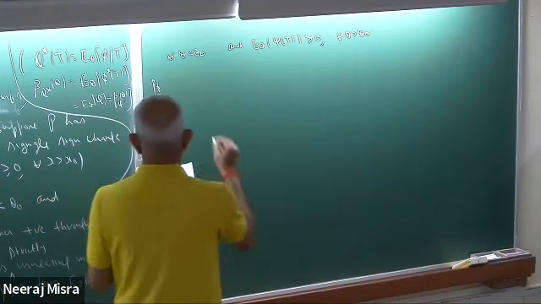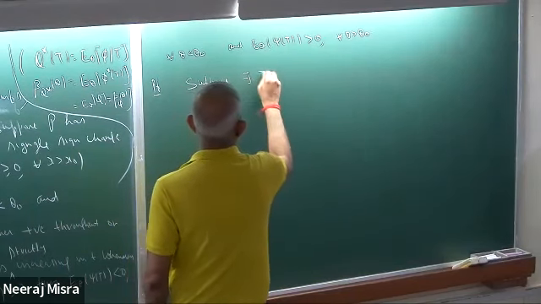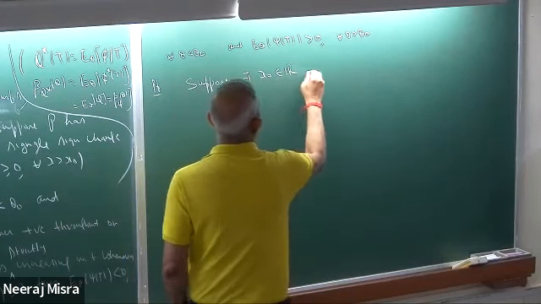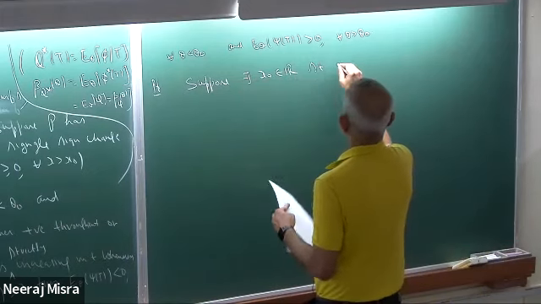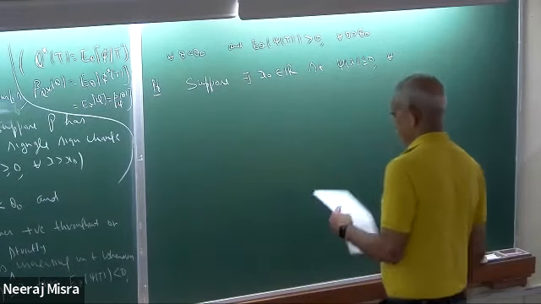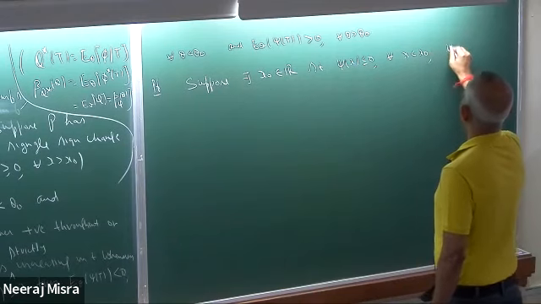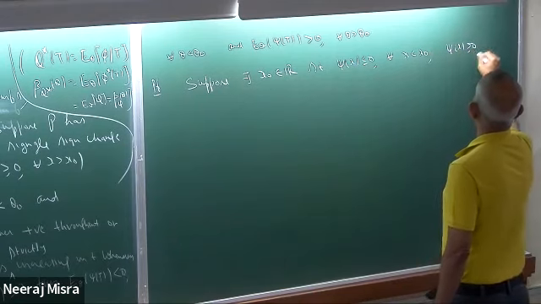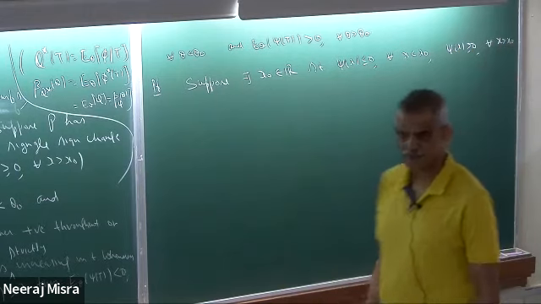Suppose there exists an x naught belonging to R such that psi x is less than or equal to 0 for every x less than x naught, and psi x is greater than or equal to 0 for every x greater than or equal to x naught.